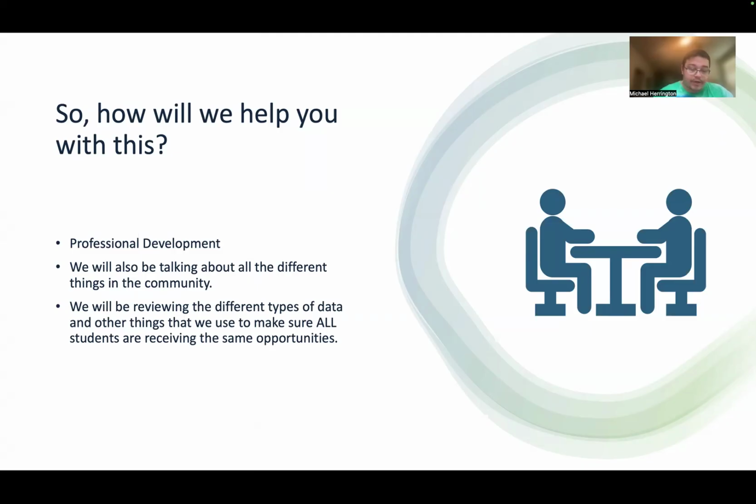Like I said, we're going to be talking about all the different things in the community, such as the different areas of economics in this community, the different jobs people can hold, the different businesses, different races, and all that other stuff. Seeing where people came from, and we're going to do that by inviting people on campus to maybe talk about where they came from.